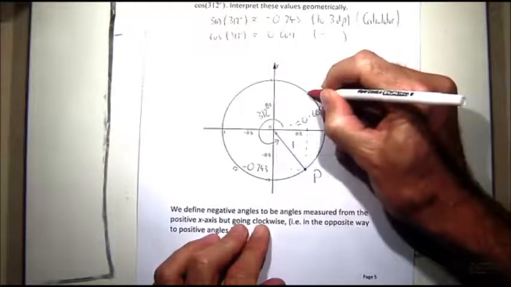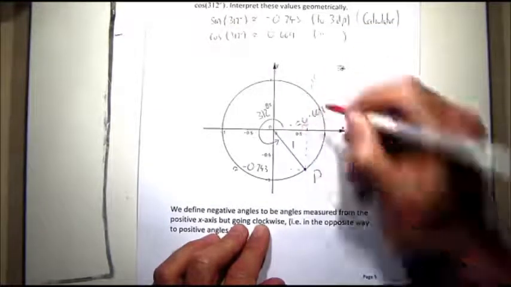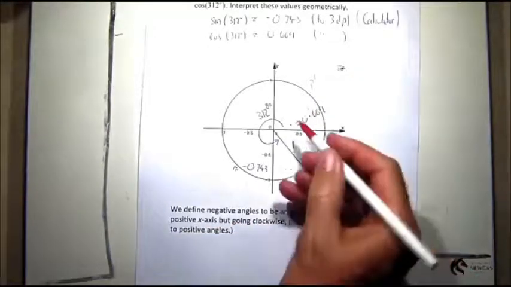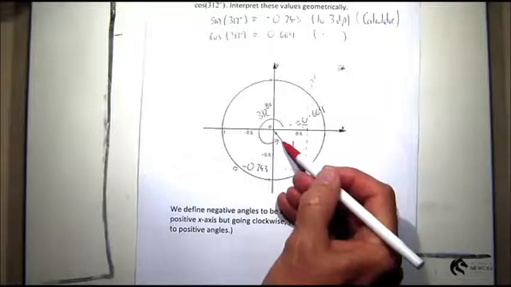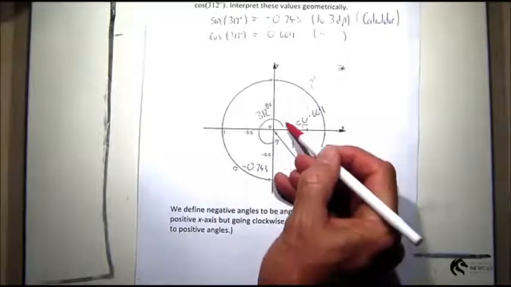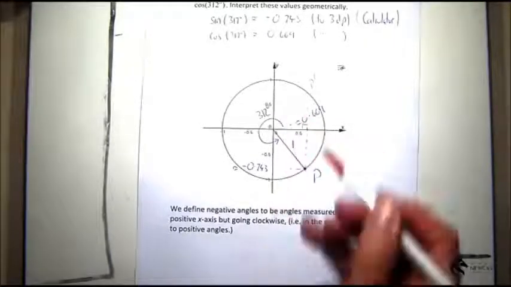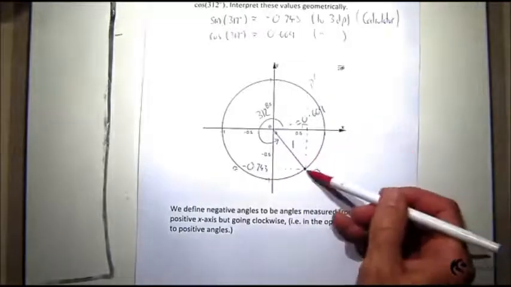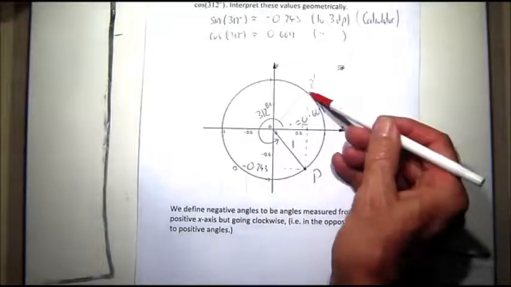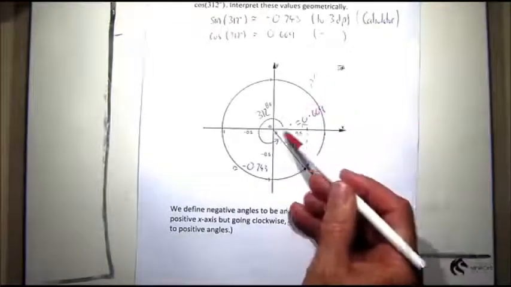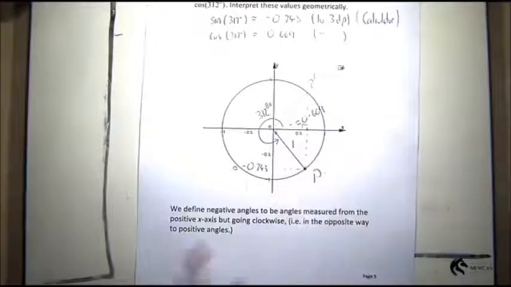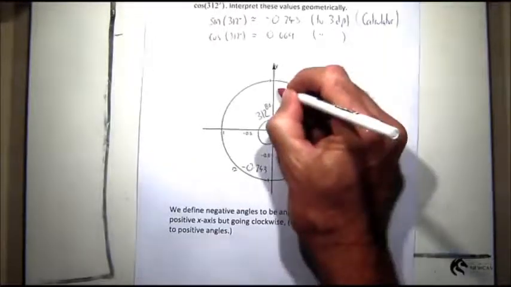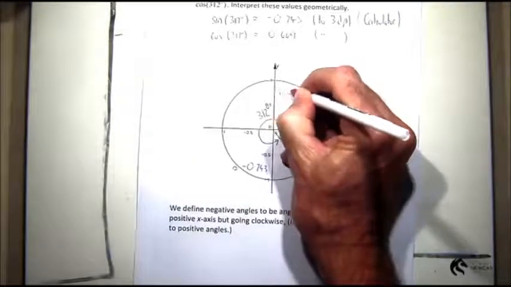If I call that P dash, so this angle is 360 minus theta. And it's saying that the y-coordinate of this point is the negative of the y-coordinate of that point, but the x-coordinates would be the same.